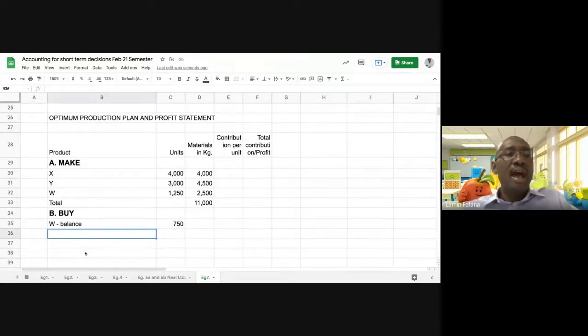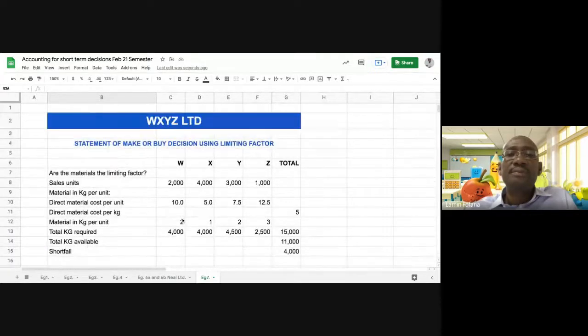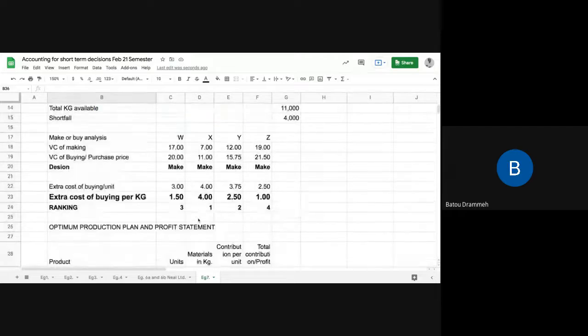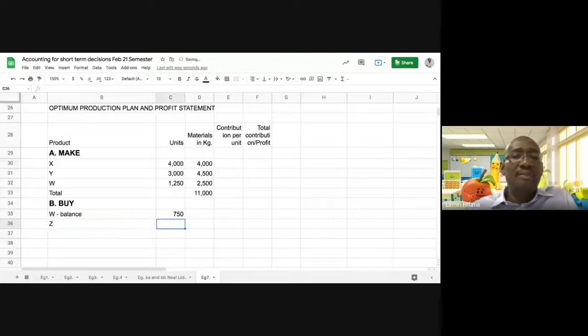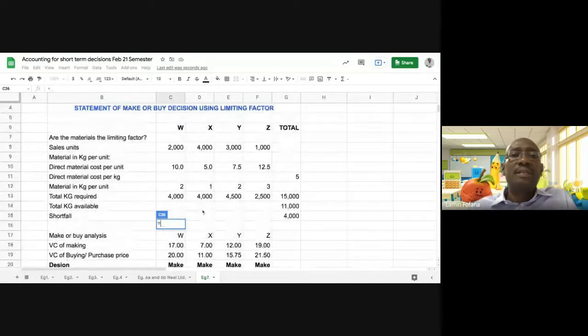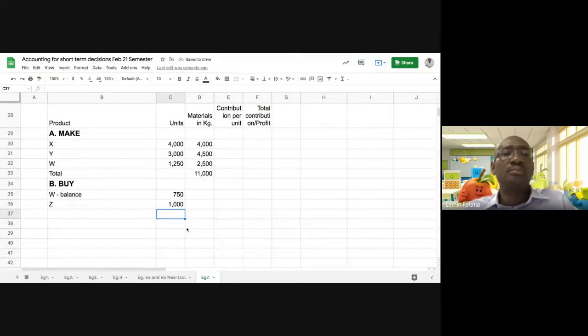We're coming to that. And what's the last one? Z. So we're going to buy the whole of Z because Z is cheap to buy. Okay, so we take the whole of Z. So we say equals, we have 1,000 units of Z here. Okay, so our optimal production plan will be to make, okay, let's find the total of this.